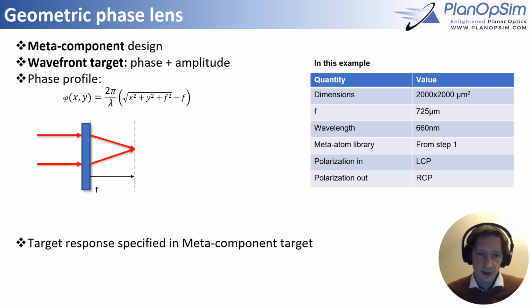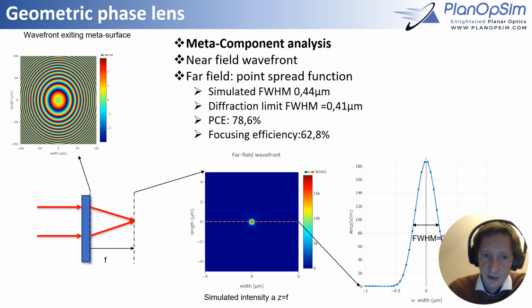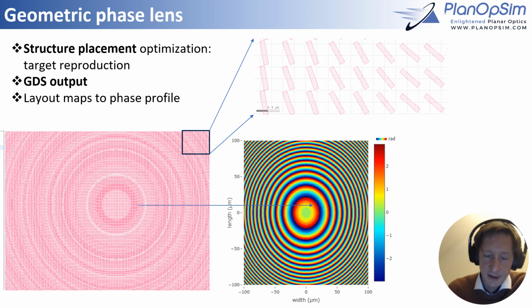So we stipulate that all these rays coming from different positions must arrive with the same phase at the focal point, so that we get this equation. We then reproduce our metasurface in this way. So we place the structures so that the light is retarded with the correct phase in each location according to this equation here. And then we can design the lens.